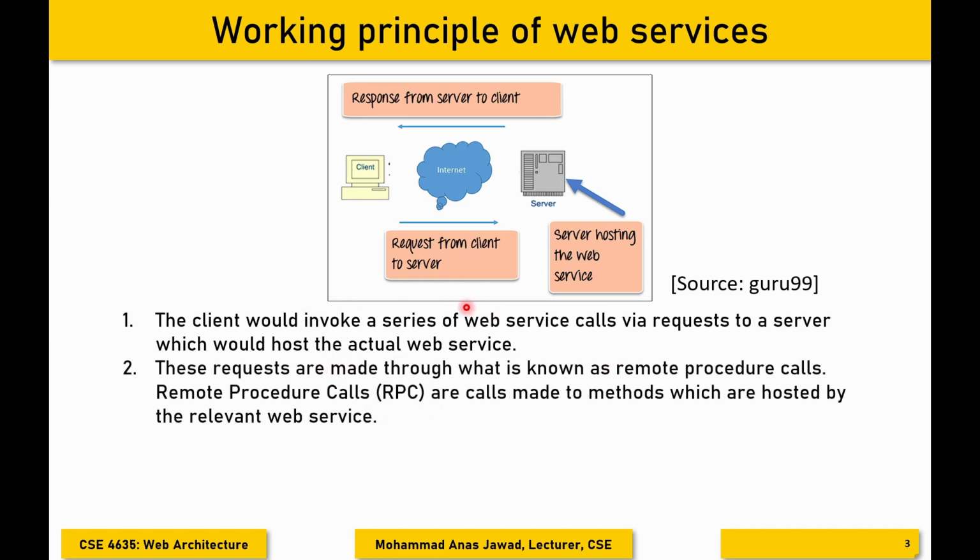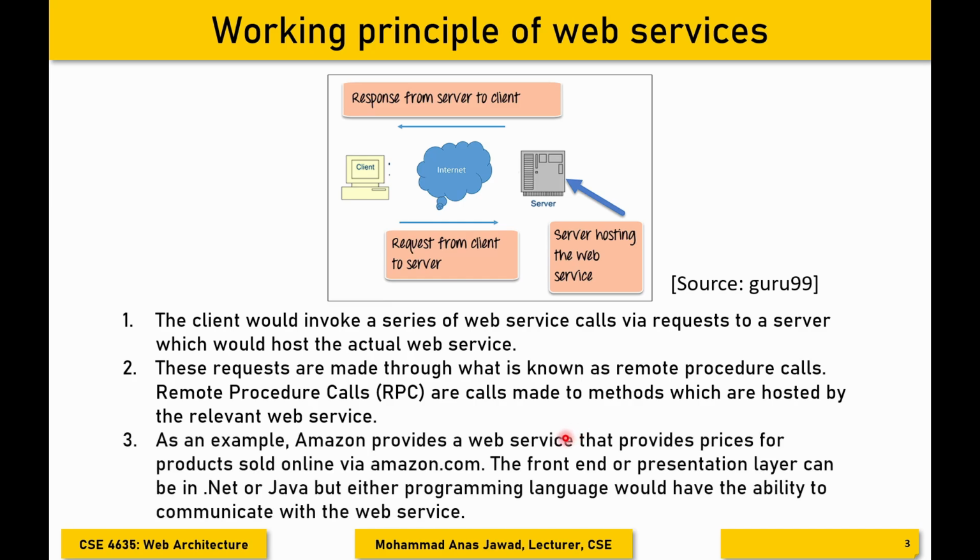These requests that the clients make are made through what is known as remote procedure calls, or RPCs. Remote procedure calls are calls made to methods which are hosted by the relevant web service. Now you might be wondering what all these things actually imply when it comes to real-world applications. For example, Amazon provides a web service that provides prices for products sold online via Amazon.com.